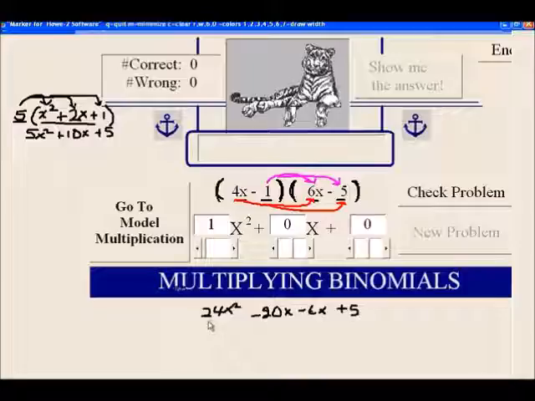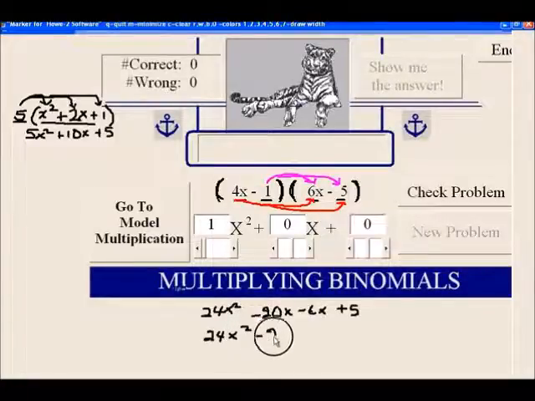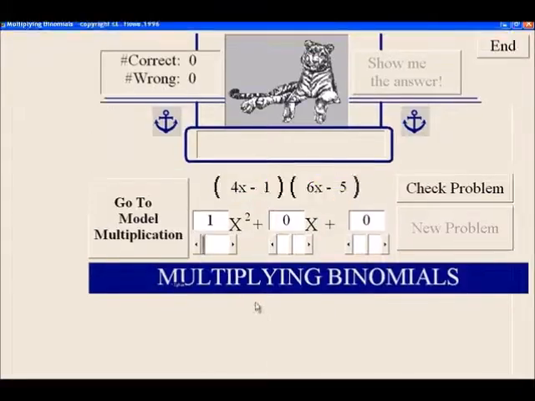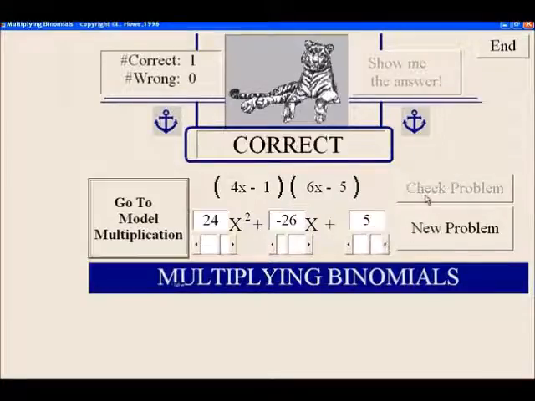There's only one x squared, so that would stay 24x squared. And then minus 26x plus 5. So I'm going to check: 24x squared minus 26x plus 5. We check, we win.